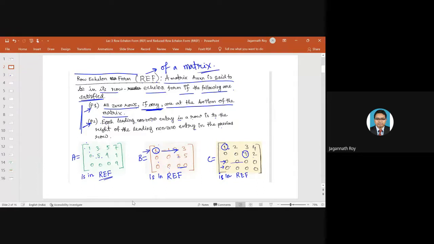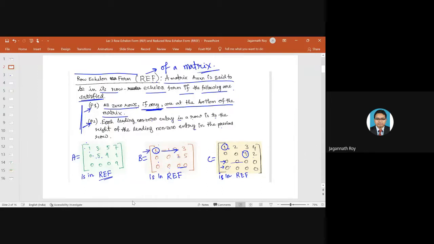It has two properties, property 1 and property 2. Any zero rows will be at the bottom, and the leading non-zero entry of each row will be to the right of the leading entry of the previous row.